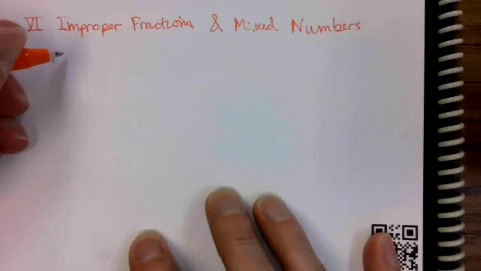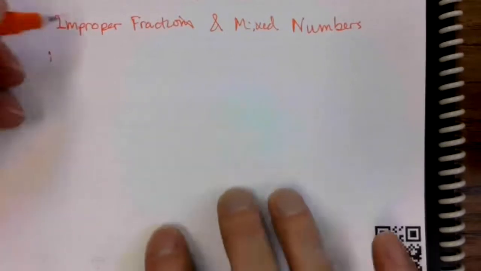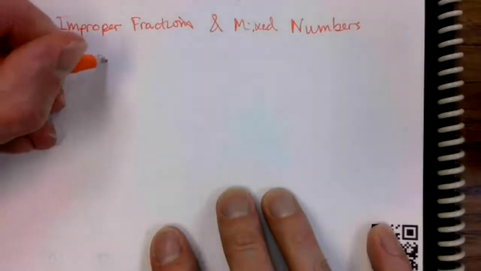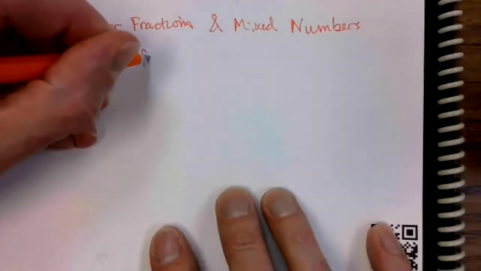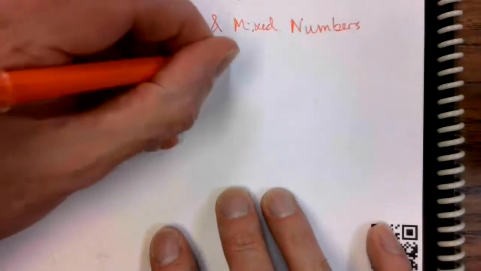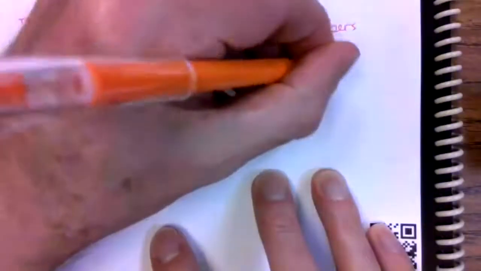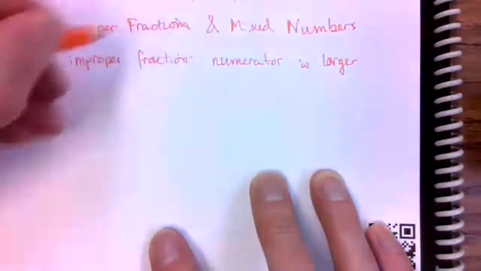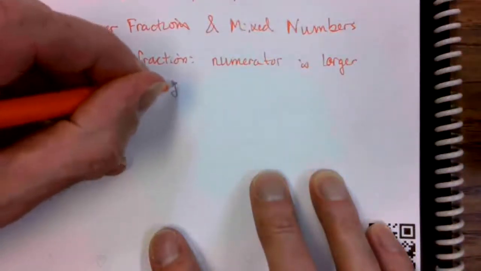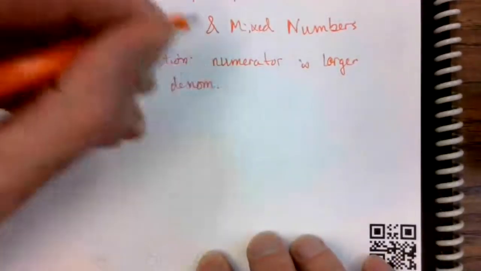Where the numerator is bigger than the denominator. Right, the top number is bigger, the numerator is bigger. Okay, so a couple of definitions here. Improper fraction: the numerator is larger than the denominator.